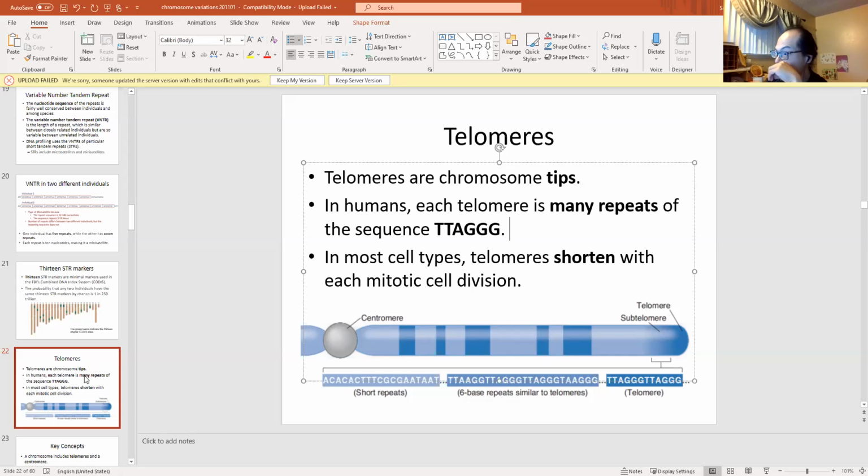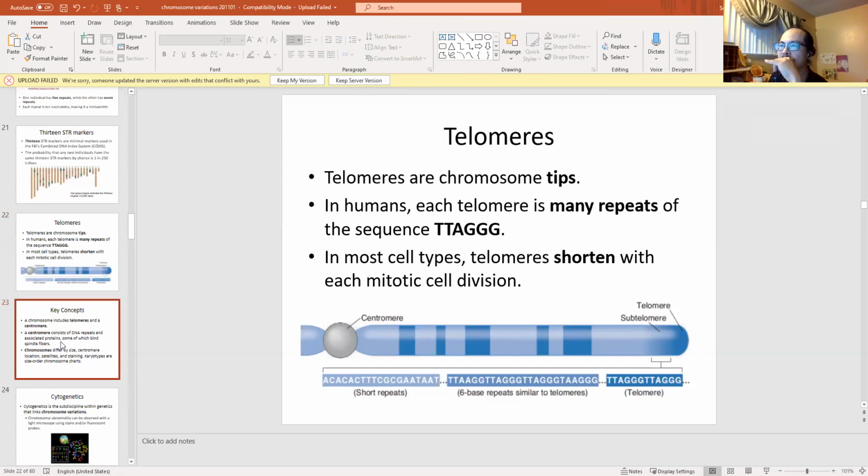And the tumor cell is something different. Tumor cell has a mechanism to prevent this shortening. So tumor cells can divide many times while they are not going to stop division. So that's that.